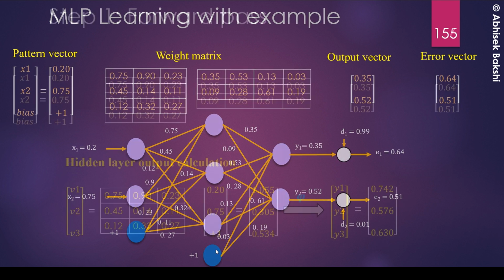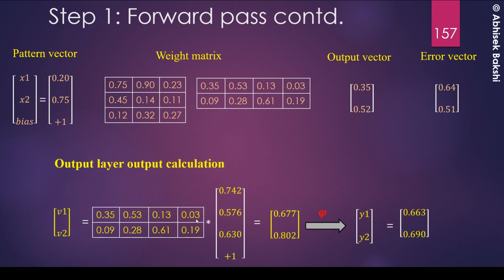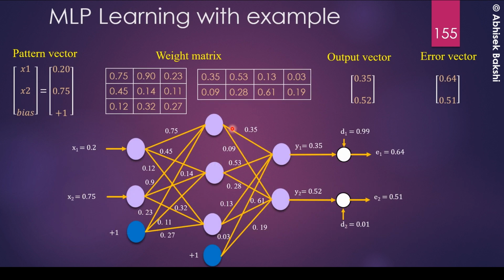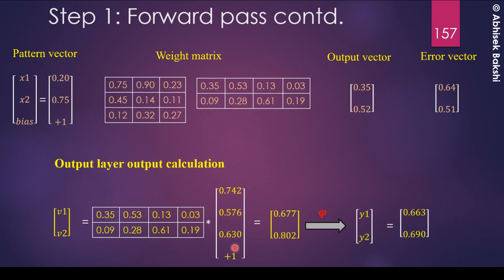That means when we find the output of the output layer, we have to multiply the weight with the output from here, here, here, as well as here. But this is a bias, it does not have any output. So its output is always considered as +1, right?